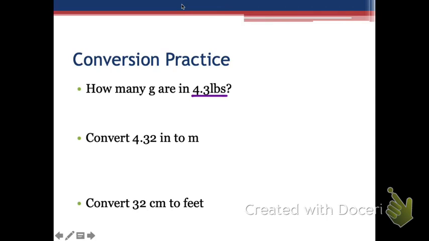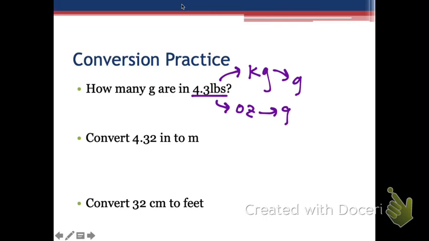Either one of those would work fine, right? I'm probably going to go pounds to kilograms, then to grams, right? That would be my choice for the path we go. But you could also go pounds to ounces to grams, and you get the same thing.